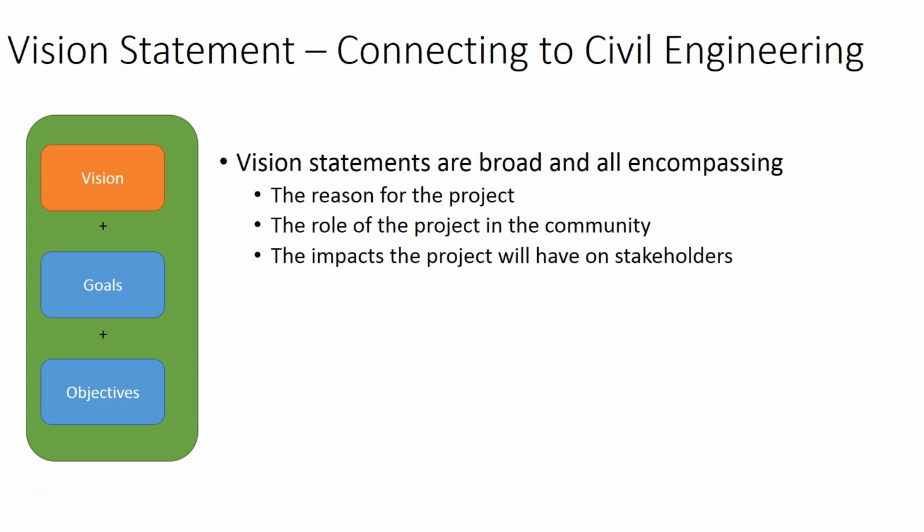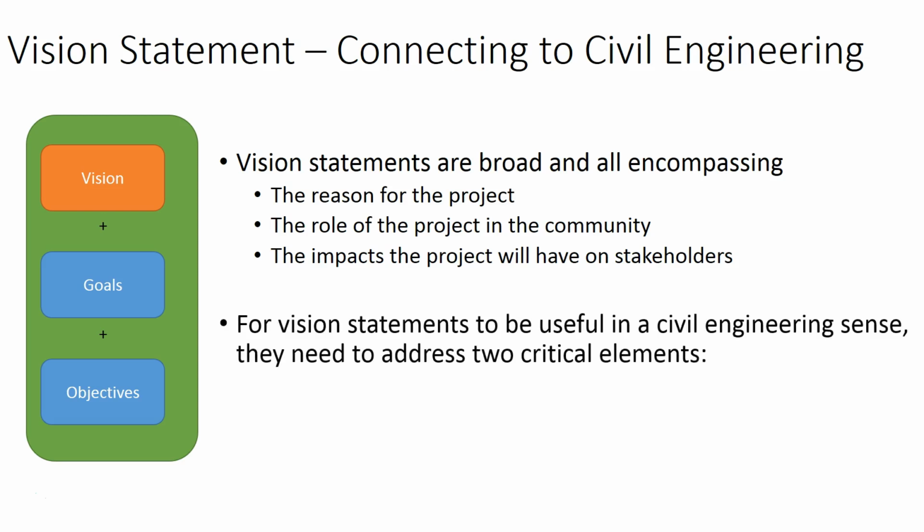Sometimes it can be a little bit challenging to take a vision or the marketing materials that you might have access to and actually connect it to something that's useful for civil engineering. Of course, we want the vision statement to be something that's really broad and all-encompassing, talks about why the project is going to happen, what impacts the project is going to have in the community, and how it's going to affect the stakeholders.